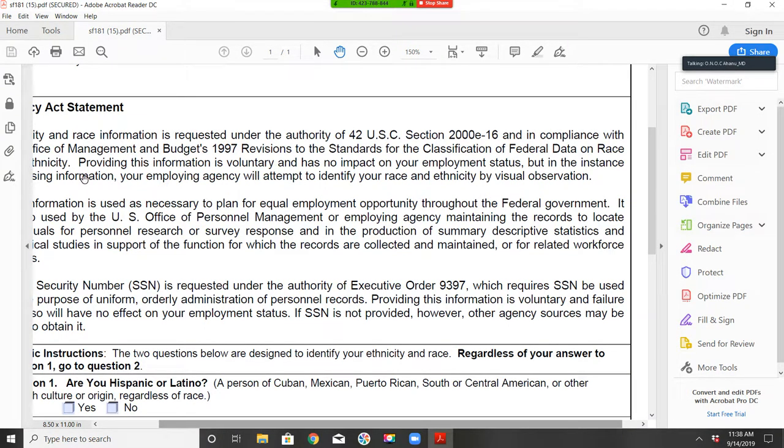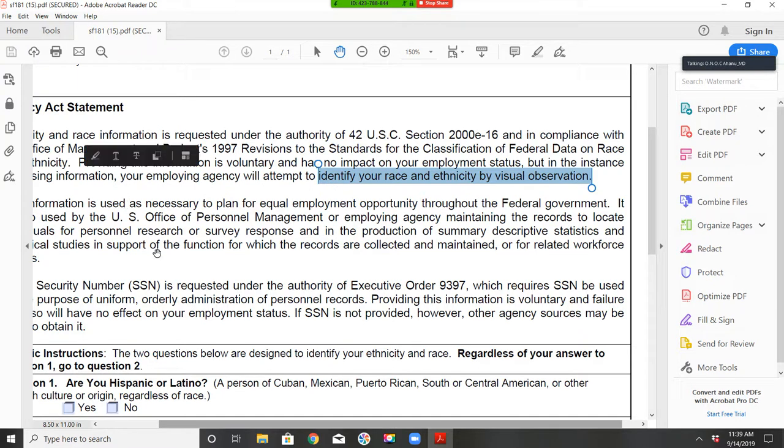But in the instance of missing information, your employing agency will attempt to identify your race and ethnicity by visual observation. Okay? There are places where visual observation is allowed.